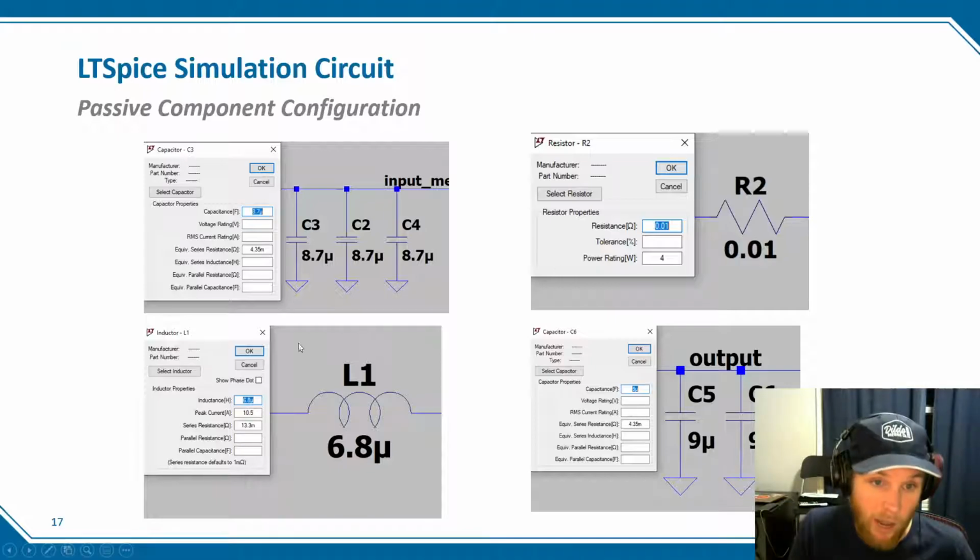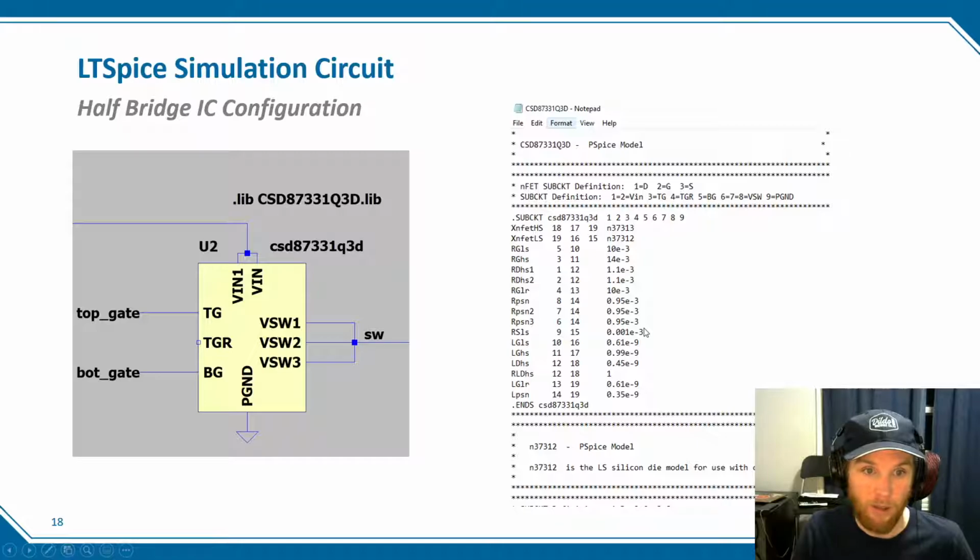For example, at 24 volts at 600 kilohertz, the selected capacitor would be rated at 8.7 microfarads with a series resistance of 4.35 milliohms. And similarly, something similar for the inductor as well as the sense resistor and the output capacitors. And so this just ensures that we have as close to real world performance as possible.